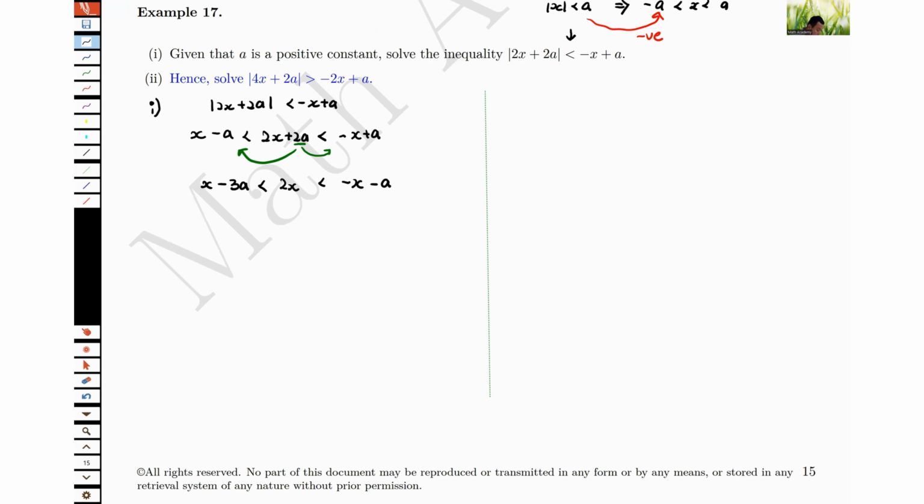Okay, we can also divide by 2 throughout, but at this point, we got to think about, I need to combine the x's together. Okay, and there are different x appearing, different coefficients as well, will be difficult to move. So better for us now to try to split it up. And we use the word n when we try to split.